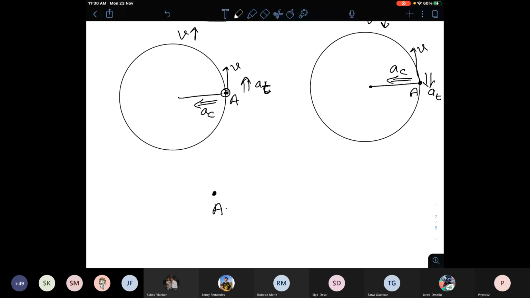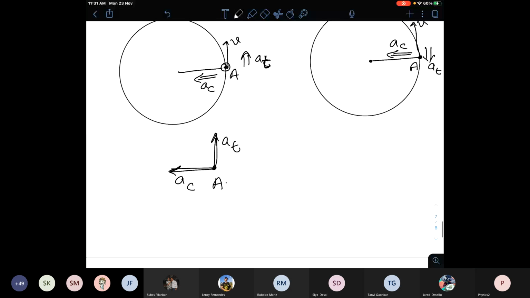I have an acceleration A tangential like this, and an acceleration A centripetal like this. Now, if someone asks you, what is the net acceleration in this case? Tell me, what should be the net acceleration in this case? Simple. Two vectors at 90 degrees, their resultant will be under root of A centripetal square plus A tangential square.